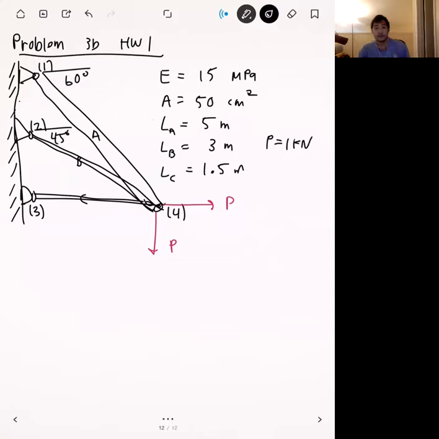All right, and so let's do this problem in the same style as in the midterm. Let's start with the element stiffness matrices. So let me bring up the solutions here.